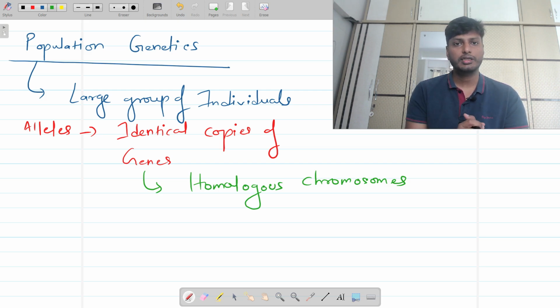We can also study the same in case of population B. So whenever we study the changes in the characteristics which are ultimately coded by their respective alleles, we can study the evolution of a particular population. And that is the major aim of studying population genetics.